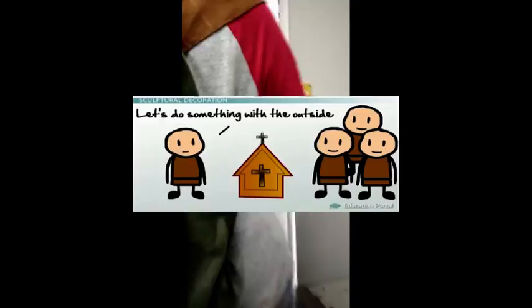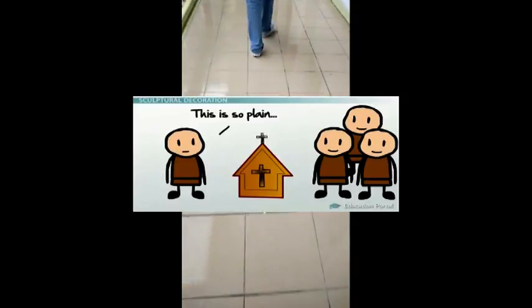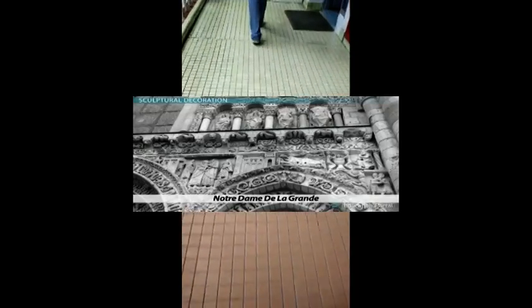So far, we've been focusing on the interior of the church, yet there were other huge changes occurring at the exterior of the Romanesque church as well. The earlier church had plain exteriors and only decorated the interior. The Romanesque brought some of the beautiful interior decoration outside.